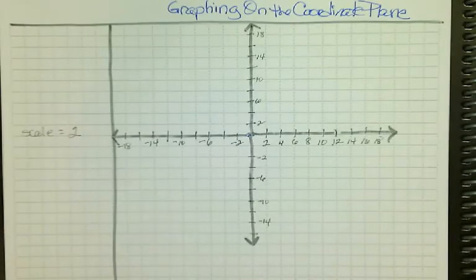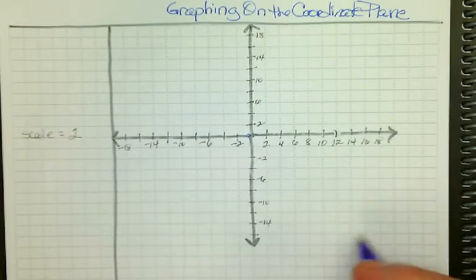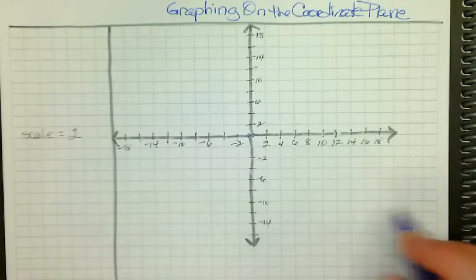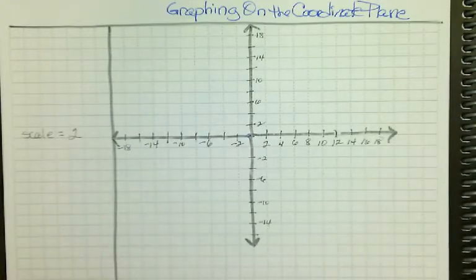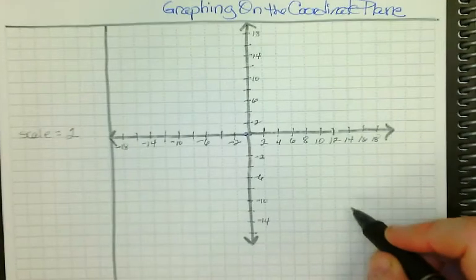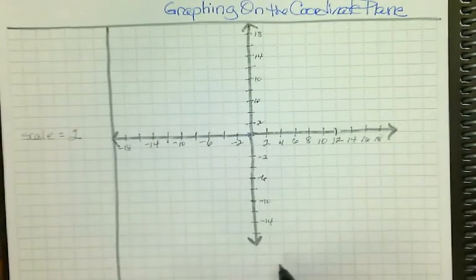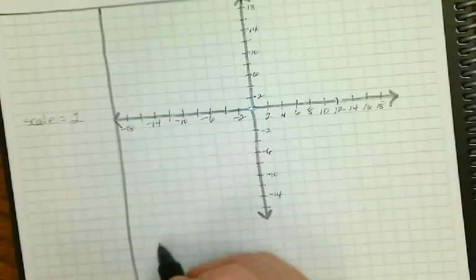Remember, I said you're always going to have 2 coordinates. So we're going to have an x and a y. So I'm going to first, I'm trying to keep things color-coded to make it a little easier. So I'm going to make a little table down here underneath, all right?